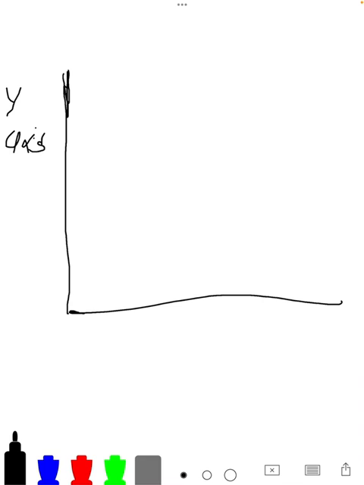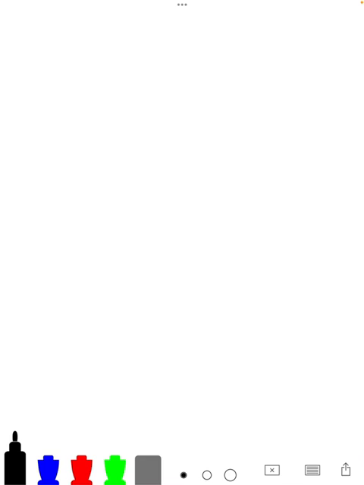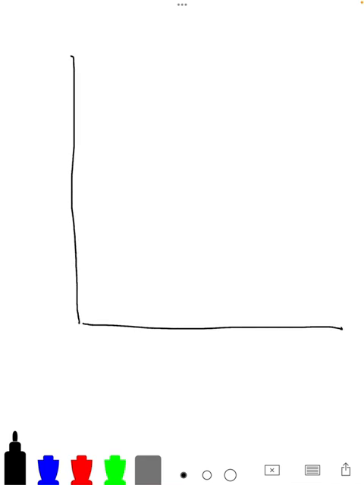Oh, wow, that looks bad. I'm going to erase that. Let's try again. So this is your Y-axis, your X-axis. I just didn't want to confuse you with point Y because that is a point that you're actually asked to graph. But basically I'm just going to put Y up here showing the Y-axis.